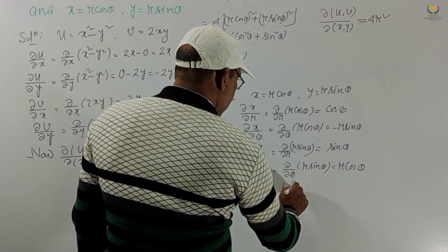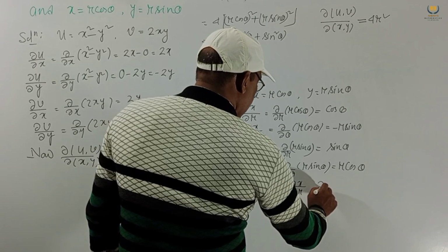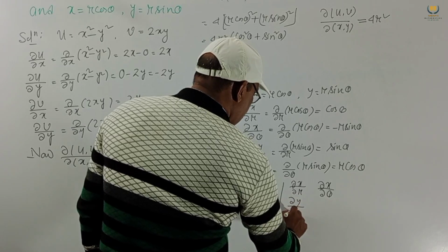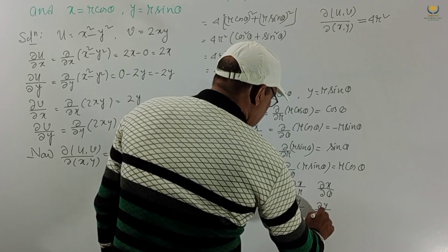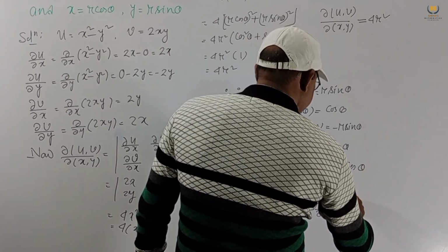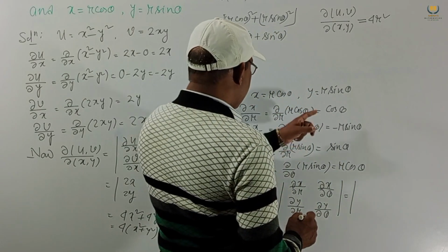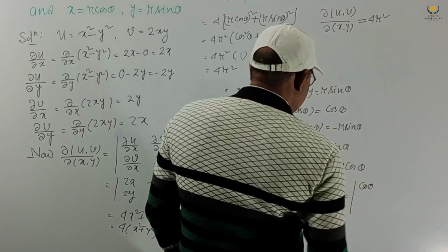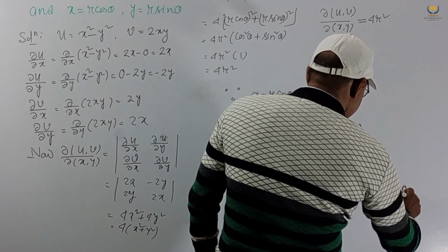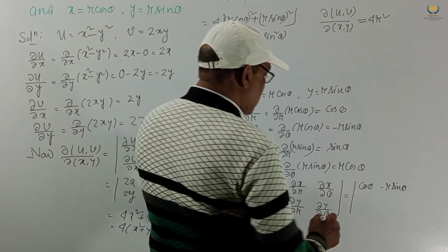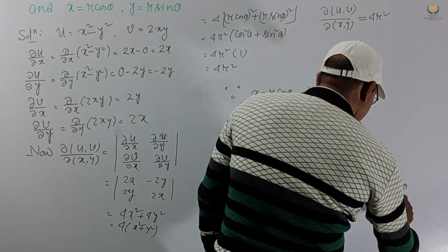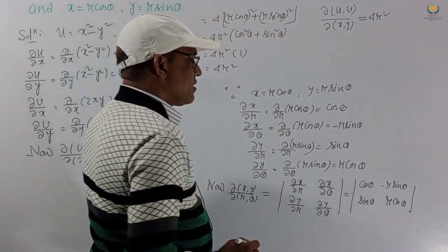By definition of the Jacobian, this equals the determinant with entries ∂x/∂r, ∂x/∂θ, ∂y/∂r, ∂y/∂θ. Putting in the values: ∂x/∂r gives cos θ, ∂x/∂θ gives minus r sin θ, ∂y/∂r is sin θ, and ∂y/∂θ is r cos θ.